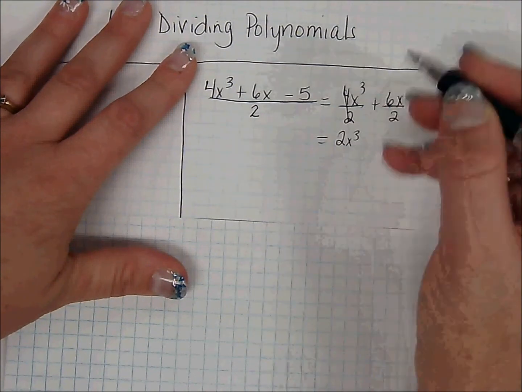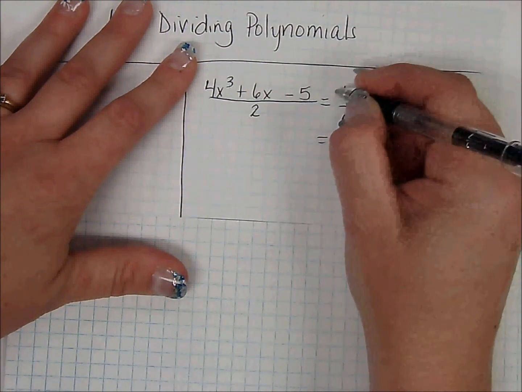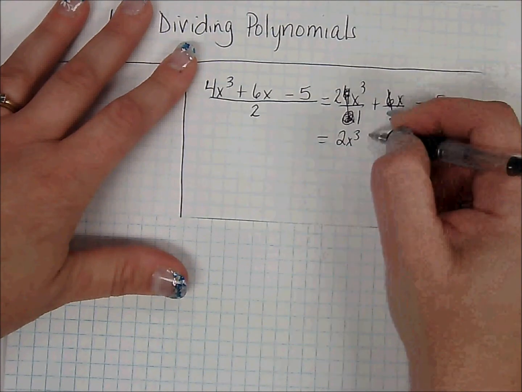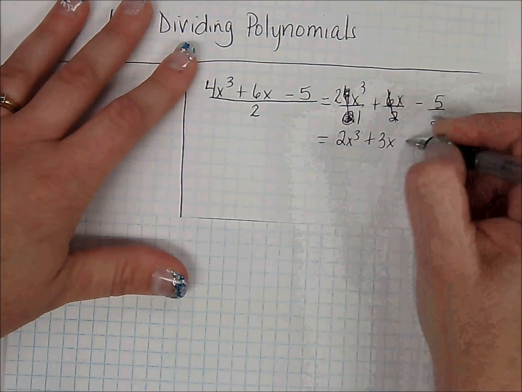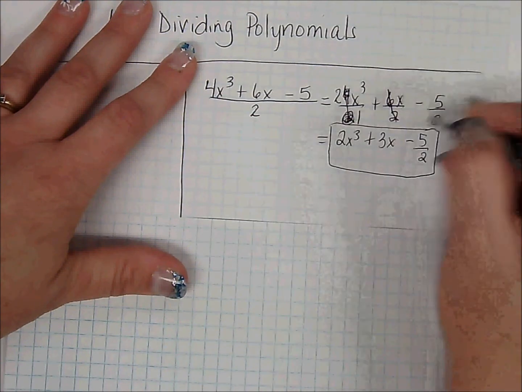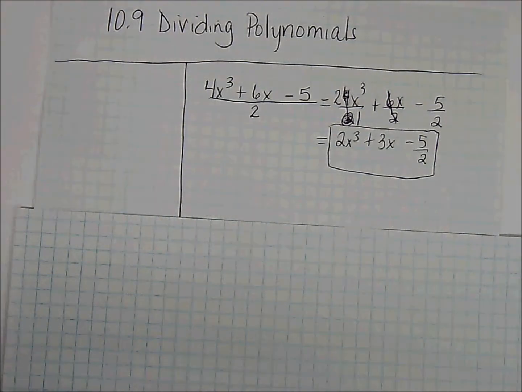And again, if it helps you, 2 divided by 2 would be 1, 4 divided by 2 would be 2, 6 divided by 2 is 3x, and we can't divide the 5. And that would be our answer. We can't do a factoring situation to get rid of it, and that's what it's left us with.